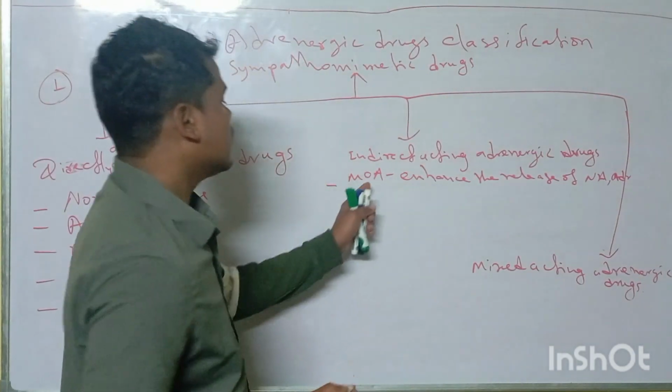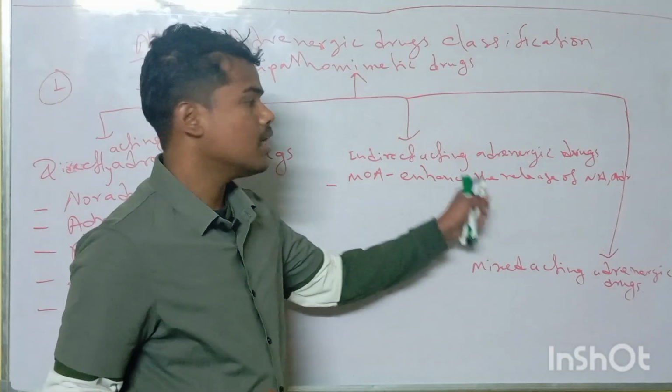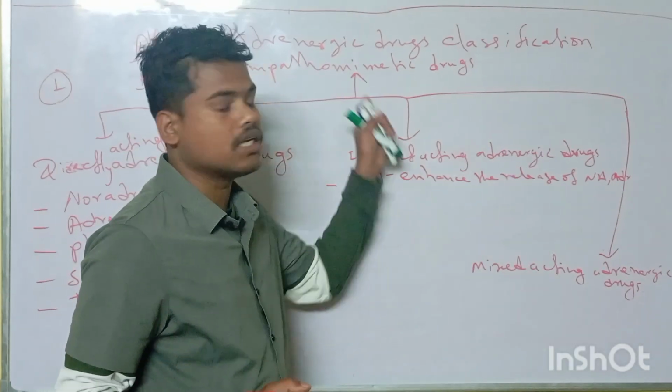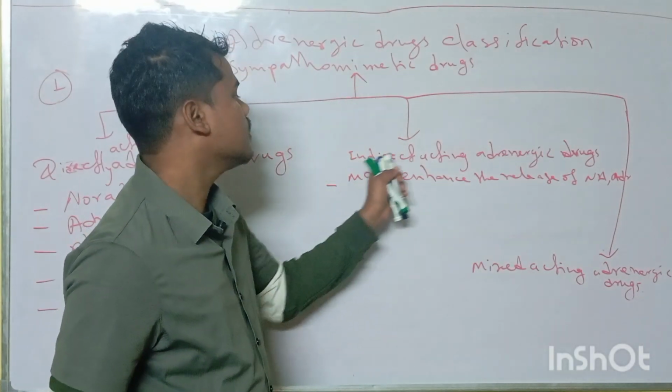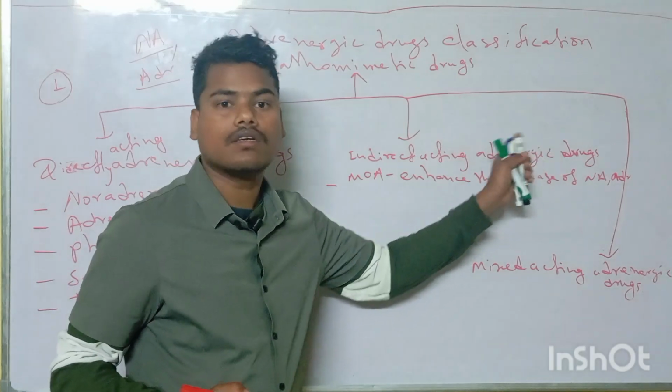But these drugs have no direct action on adrenergic receptors, so they are called indirectly acting adrenergic drugs.